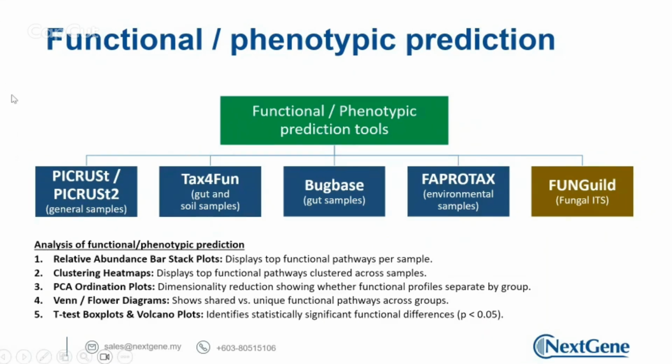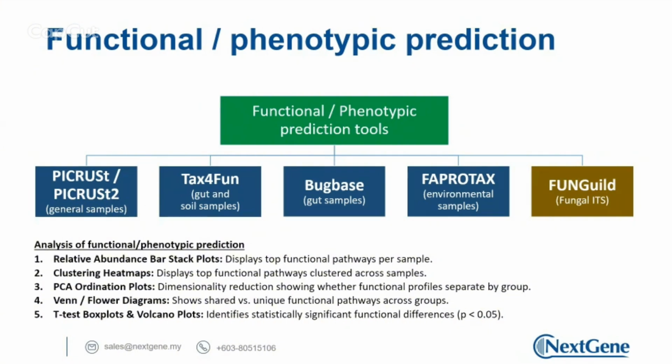So based on your projects, you can be more focused on certain groups of the taxonomy or certain groups of the functional predictions over here. For each of these analyses, when they run the analysis, they just run everything for you.